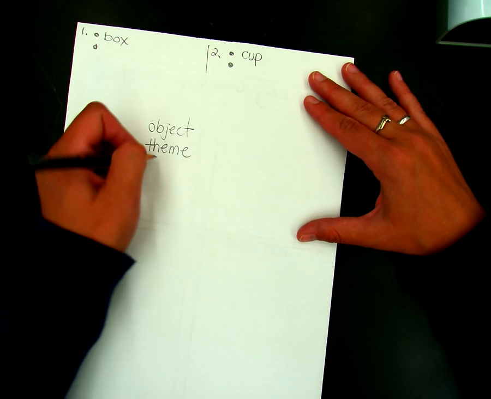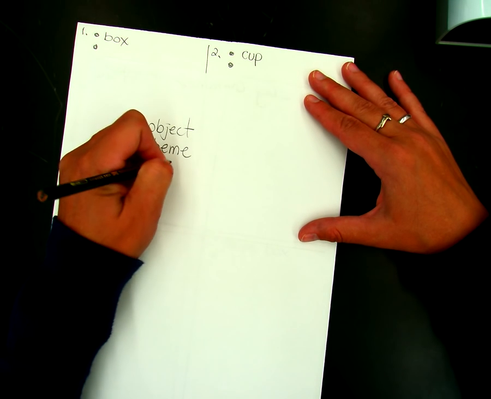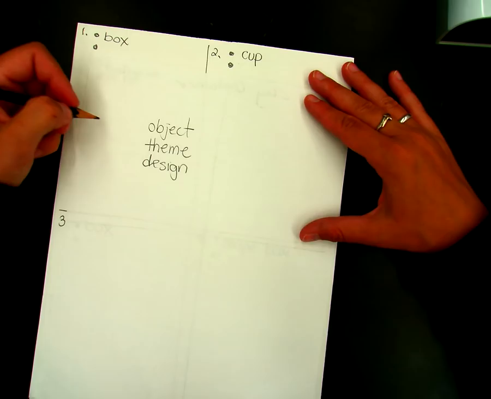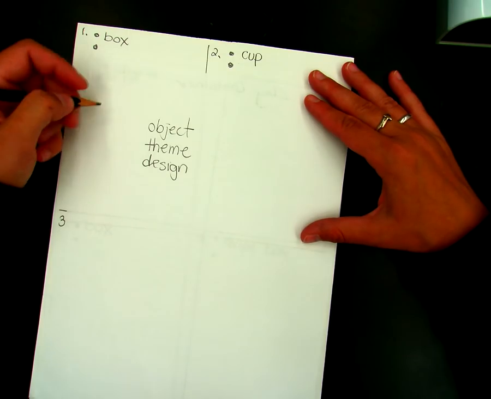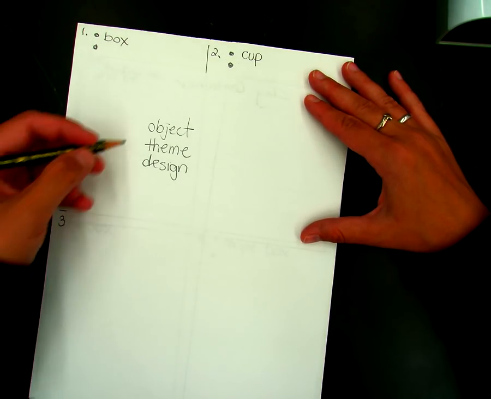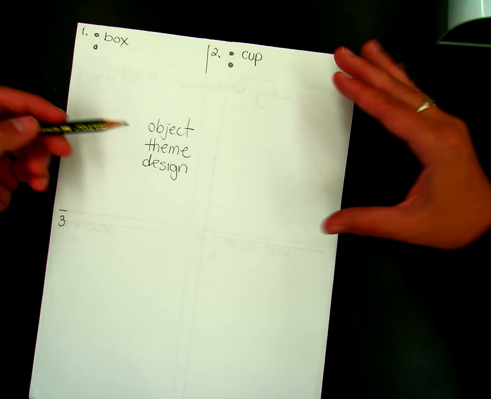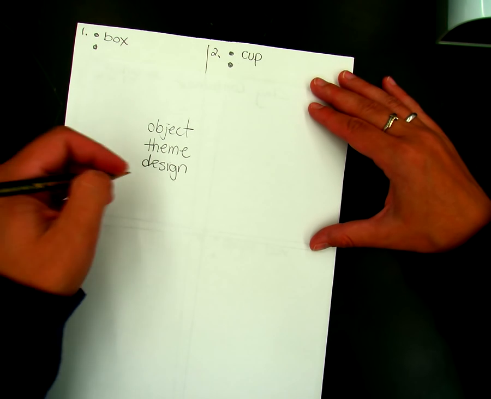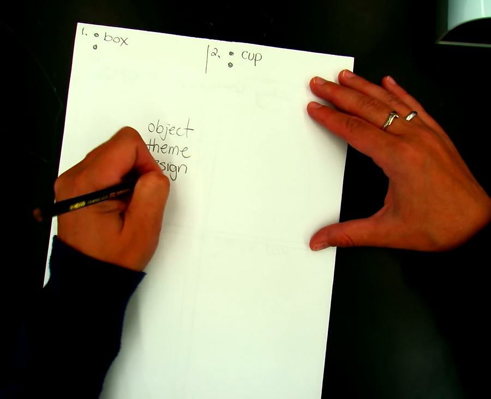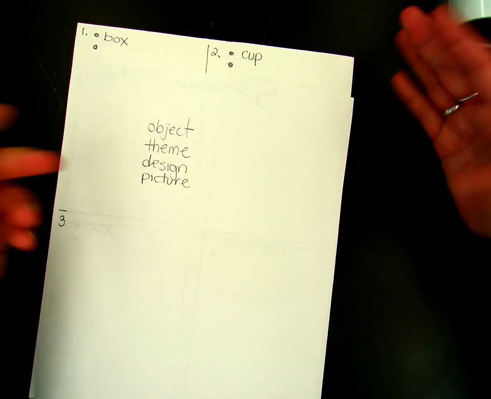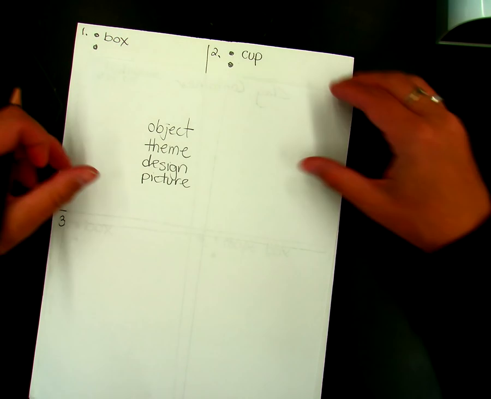So a theme. A design, so thinking more like shapes and lines and thinking about repetition. And then the last type of specific thing that you can do is add some type of picture somewhere onto the container. So those are your 4 choices.